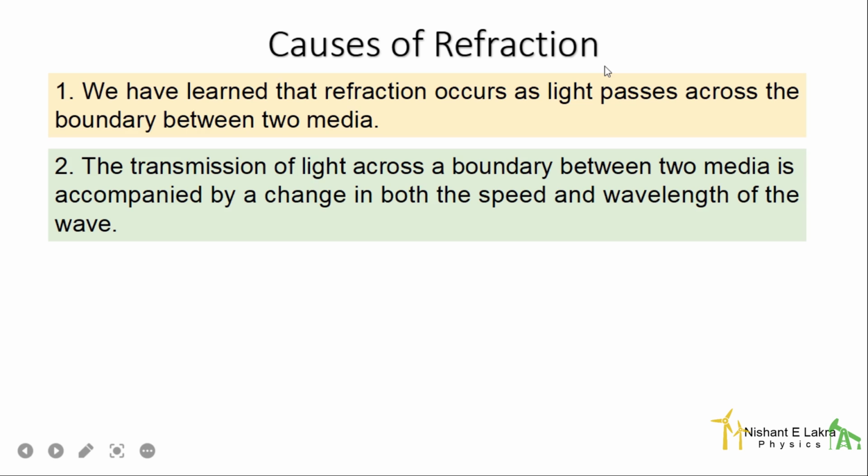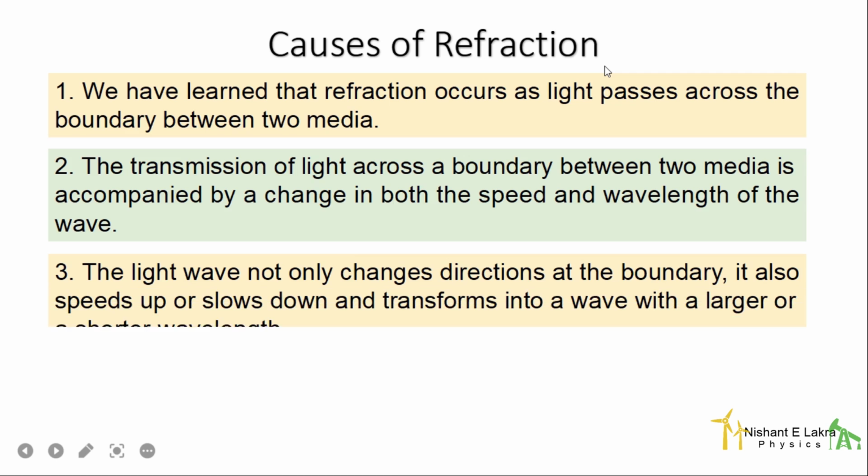The next cause of refraction is that the light wave not only changes direction at the boundary, it also speeds up or slows down and transforms into a wave with a larger or a shorter wavelength. So it's not only that the light wave changes direction at a boundary, that means it bends, but the light ray also either speeds up or slows down.